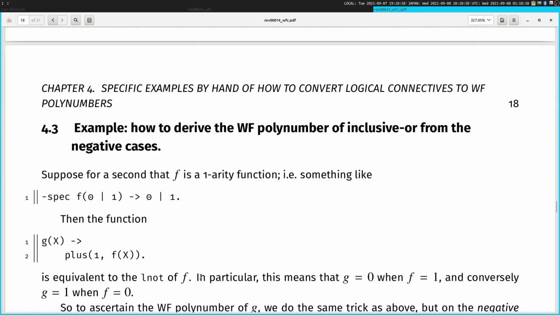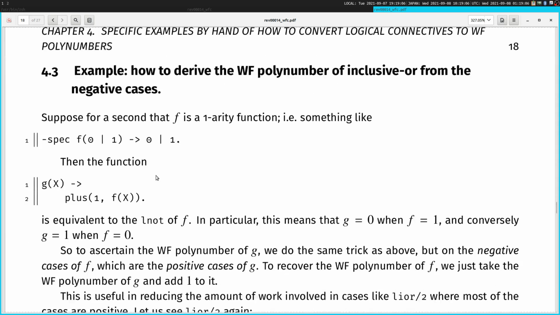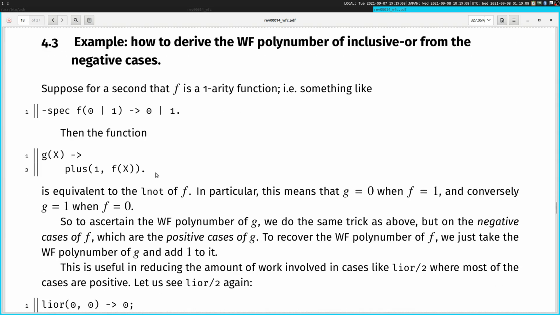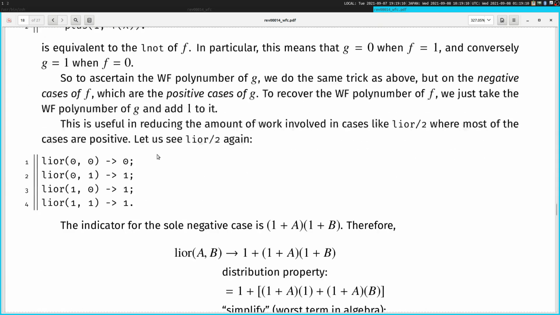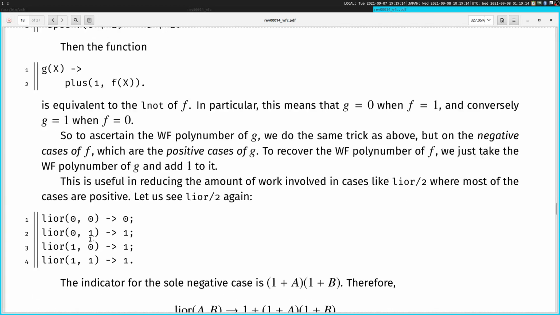Okay. So then there's this other thing you can do, which is, you know what, go watch the podcast if you want to understand this. Craig called this G-ing it, and I think that's actually a good way. But basically you just take 1 plus exclusive OR, compute the Pauli number for that, and note that'll probably be easier because there would only be one positive case if you take the not of inclusive OR.